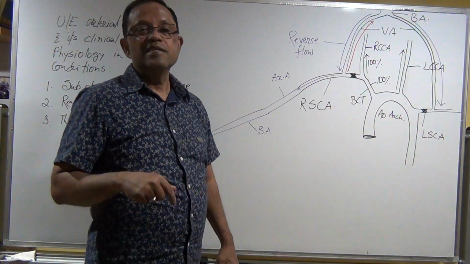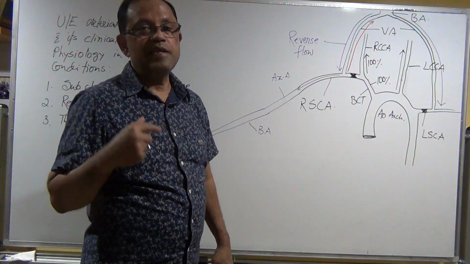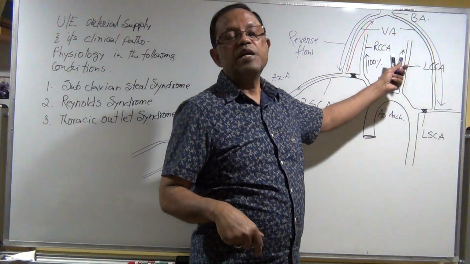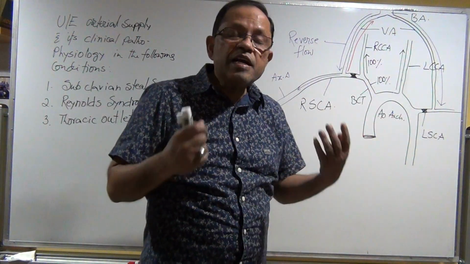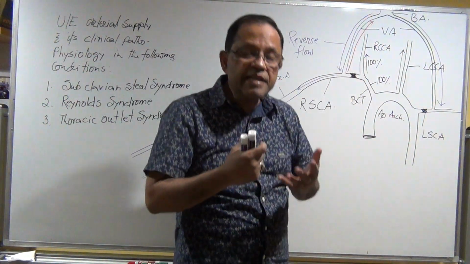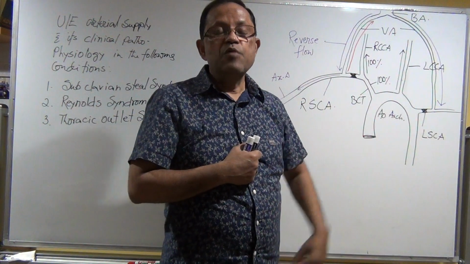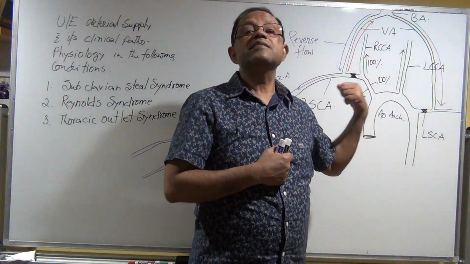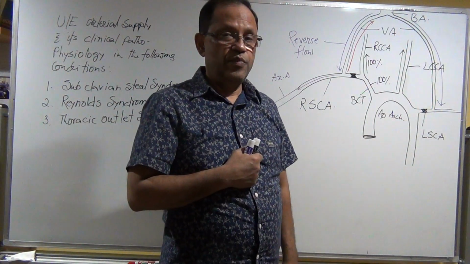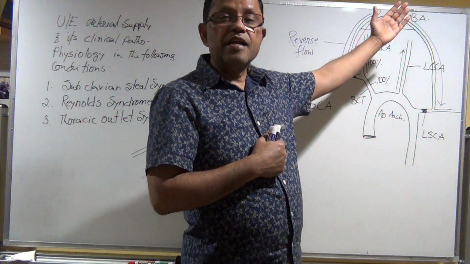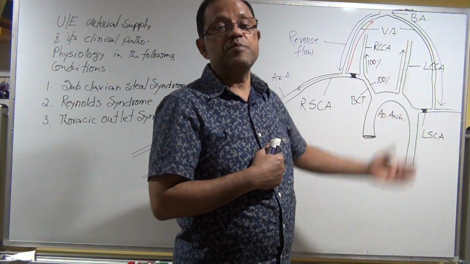We call it subclavian stealing through the vertebral. The subclavian artery is getting blood through the vertebral artery, and we call it subclavian steal syndrome. And the reverse flow will be seen in the vertebral artery.